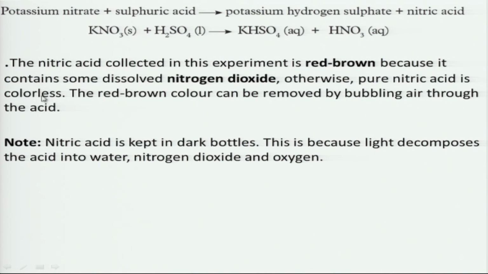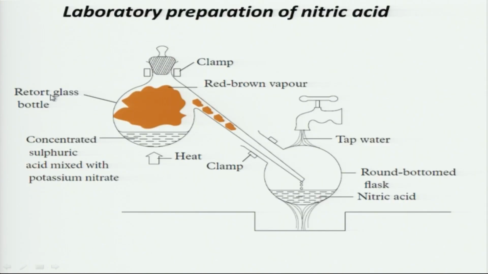I mentioned that. So if you look here, you can see that this nitric acid is red-brown, a bit brown. But that is not the real color of nitric acid. It's because there is some dissolved nitrogen dioxide, and nitrogen dioxide, remember, has a brown color, a red-brown color.